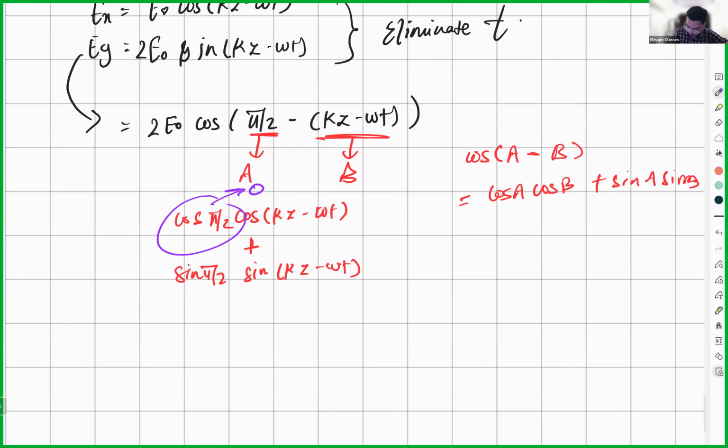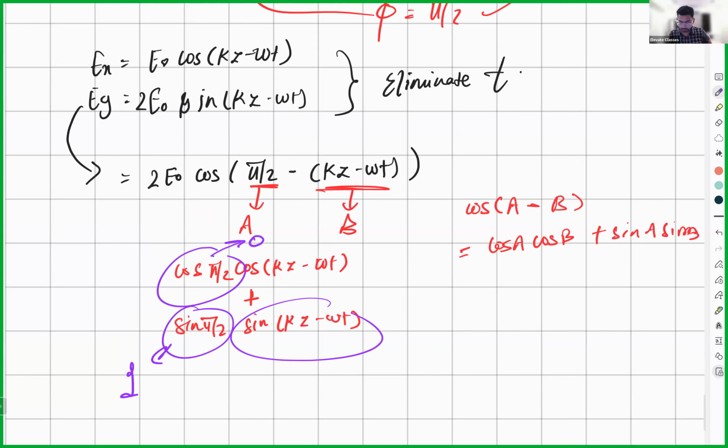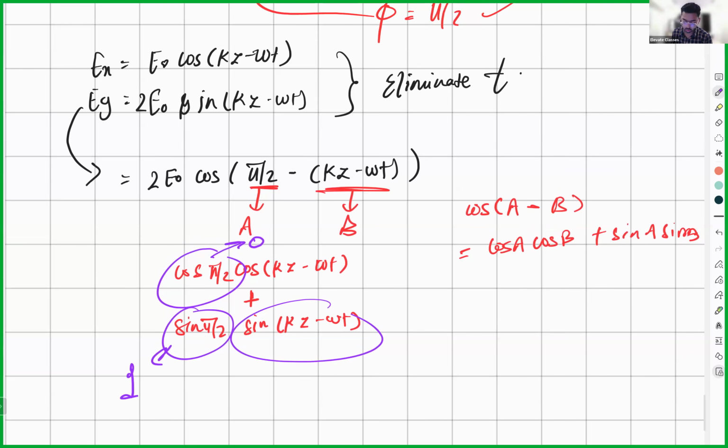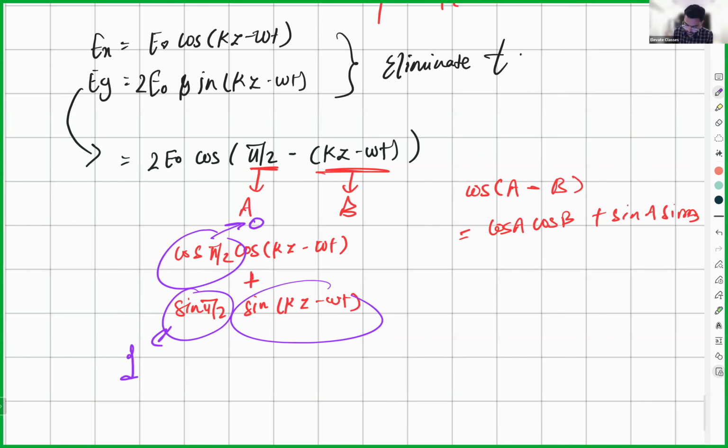This is equal to 1, and sine of kz minus omega t, so this is your Ey.